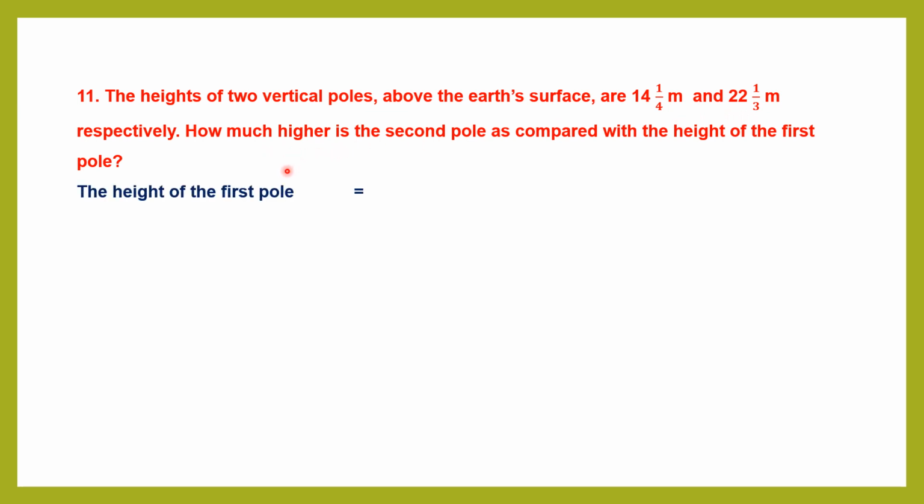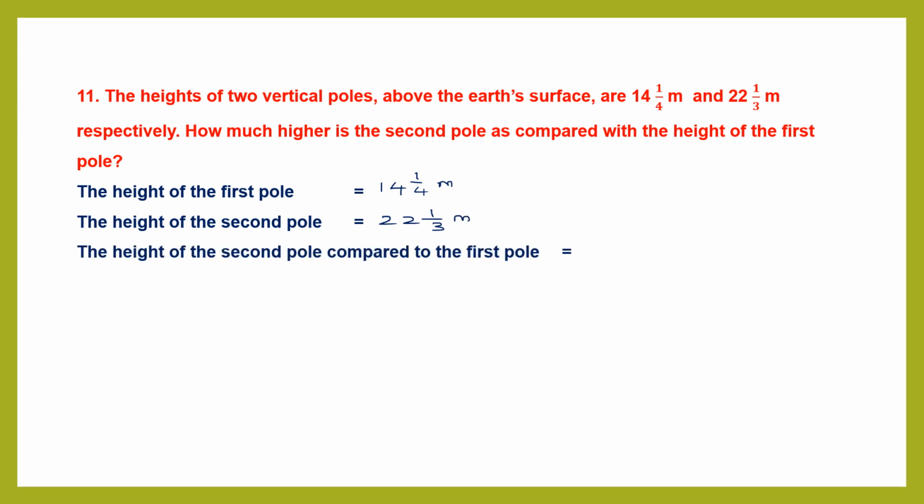So let's begin. The height of the first pole given to us is 14 1 by 4 meters. This is the height of the first pole. Then the height of the second pole is 22 1 by 3 meters. Now we are asked to find the height of the second pole compared to the first pole. How much is it? So that we can do by subtracting the two. So subtracting the height of the second pole and the first pole.